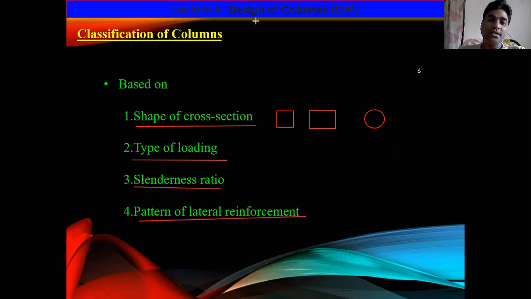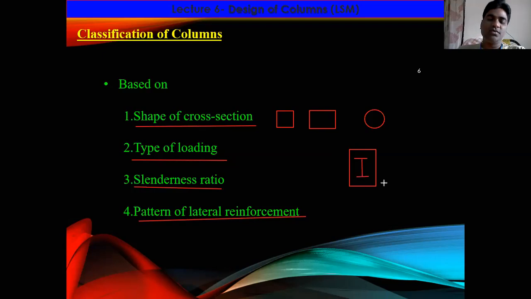And there is a composite column. Composite means suppose you have a rectangular column, and you provide some key section, that means a steel section, steel and concrete.